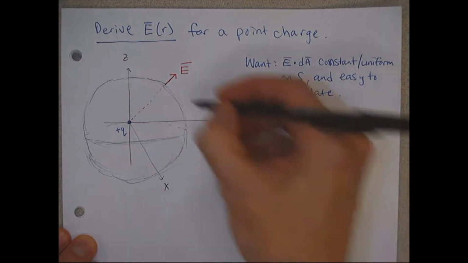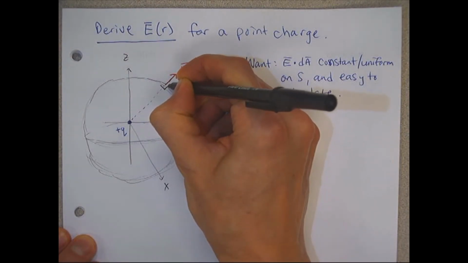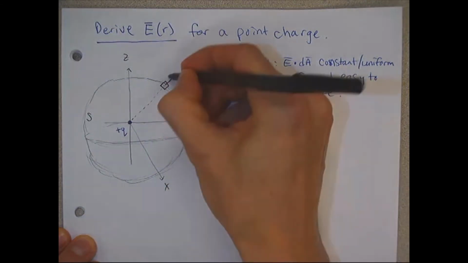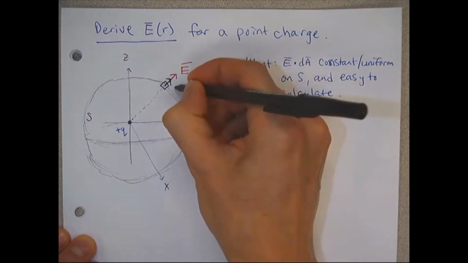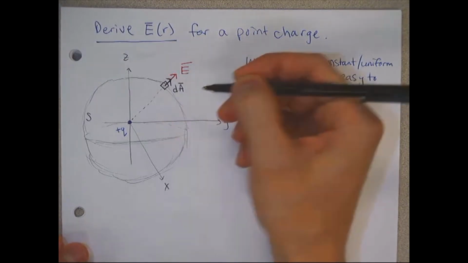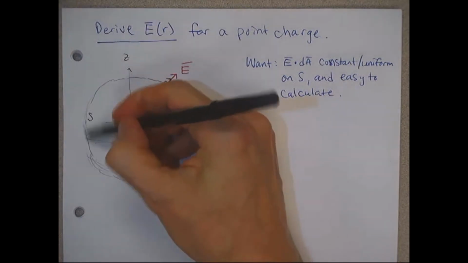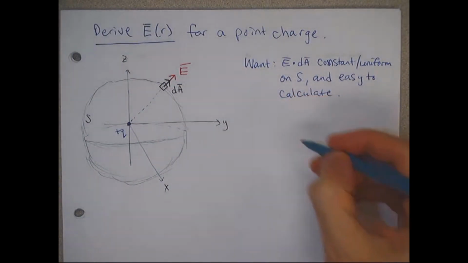What is the dA vector on that sphere, on the surface S that we've chosen? dA is perpendicular to that surface and points radially outward. It's the nice feature of the spherical surface.